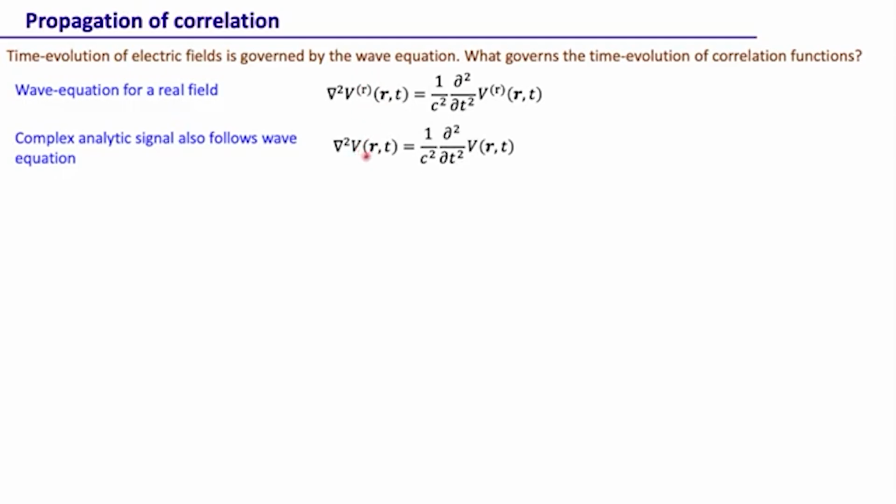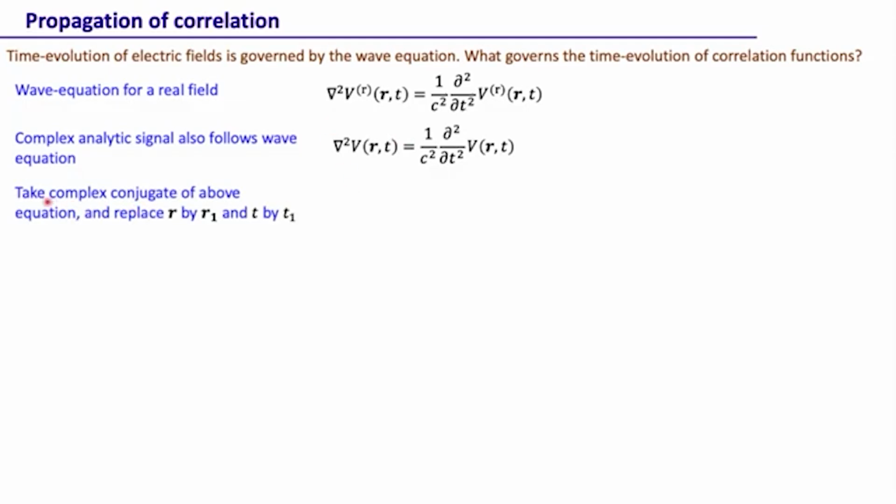So this is V(r,t), the complex analytic signal, which is the positive frequency part of this real signal. This also follows the wave equation, that is del squared V(r,t) is 1 over c squared del squared over del t squared of V(r,t).